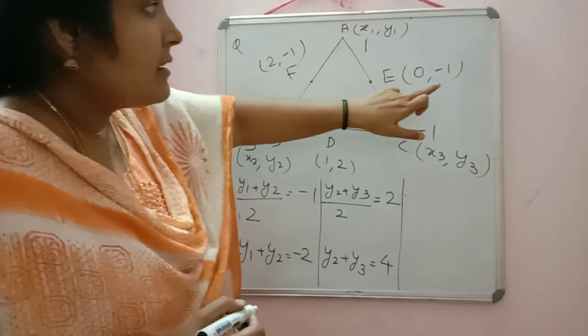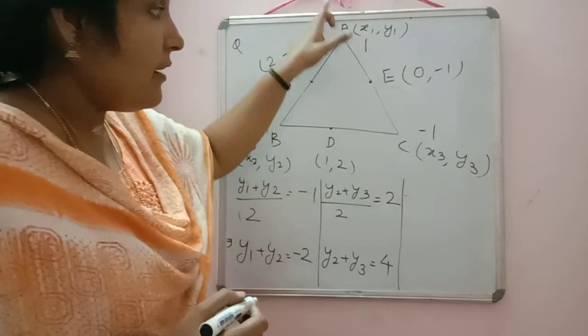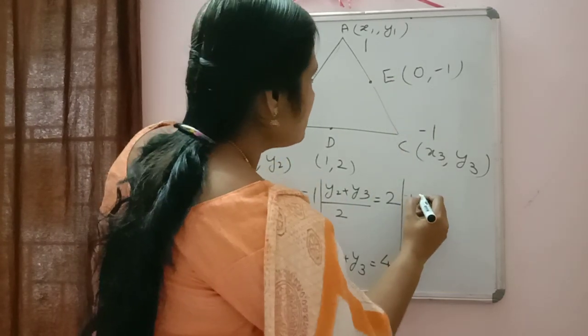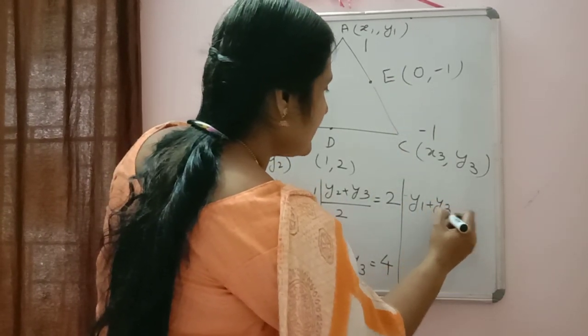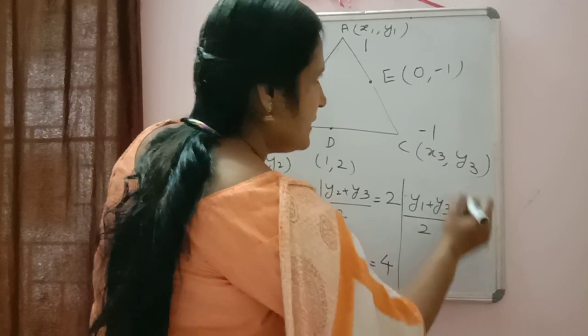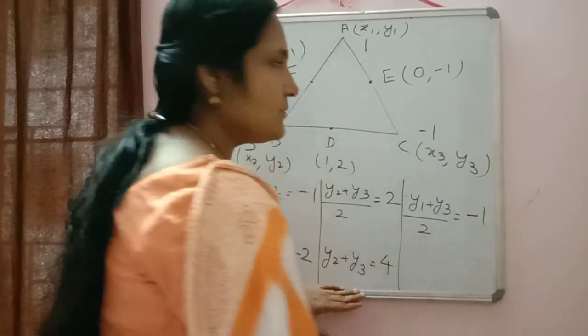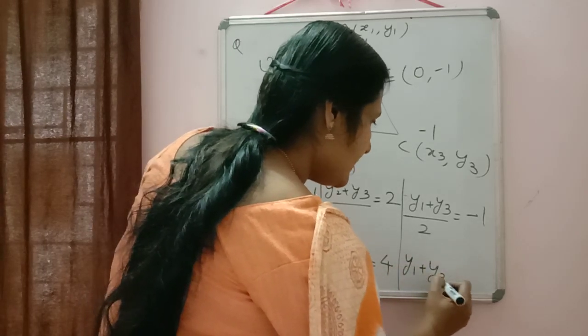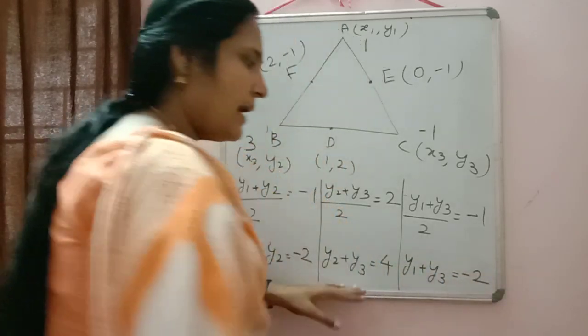Then for AC, according to the formula, the y coordinate of E should be equal to y1 plus y3 by 2 is equal to minus 1, given in the question. So we will get y1 plus y3 is equal to minus 2.